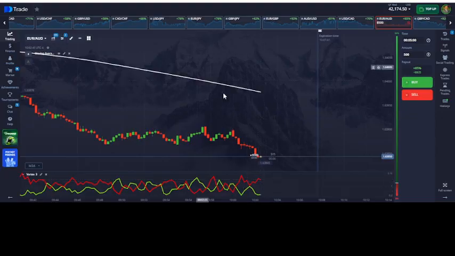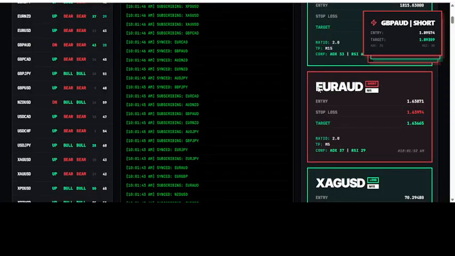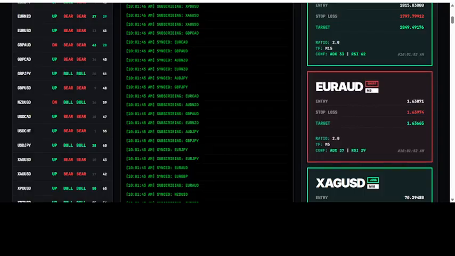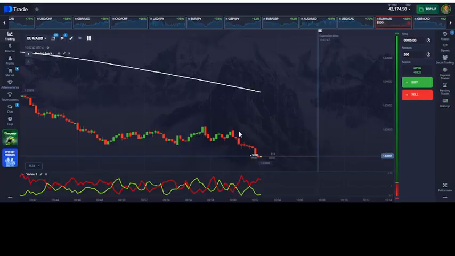So all of these confluences, we have the signal here, Euro Aussie dollar signal, as well as our indicators all suggesting a continued bearish push to the downside in the price of the Euro Aussie dollar.